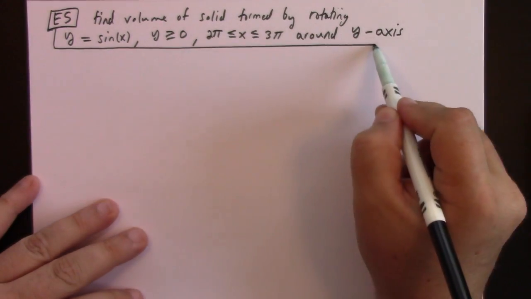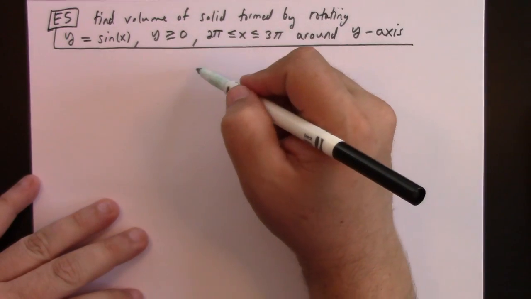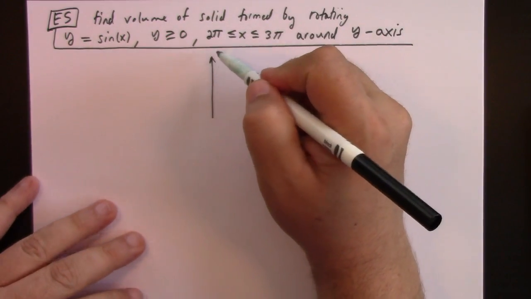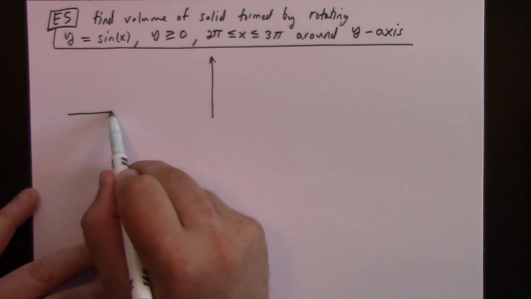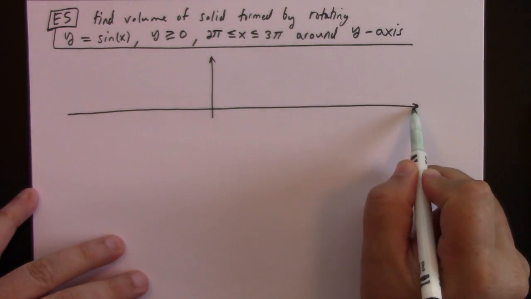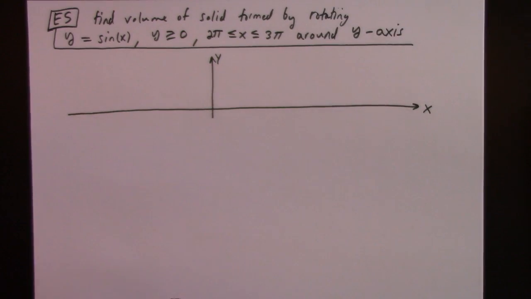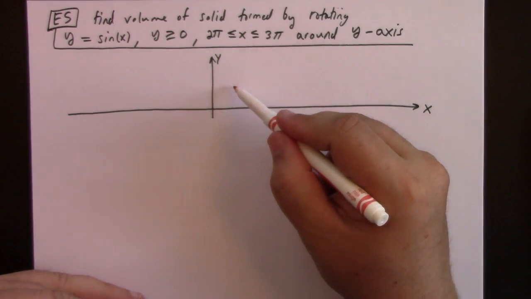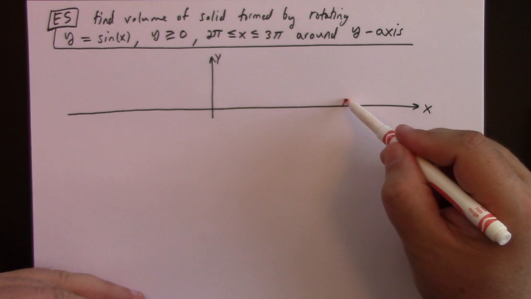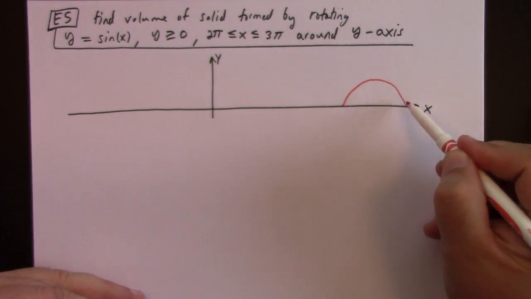Okay, so let me show you what I'm talking about. So here's our coordinate system. My x-axis, here's my y-axis. So I'm saying, you know, sine looks like that, right?